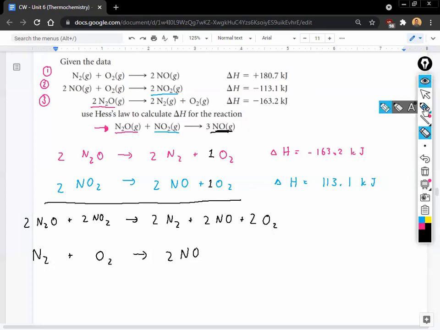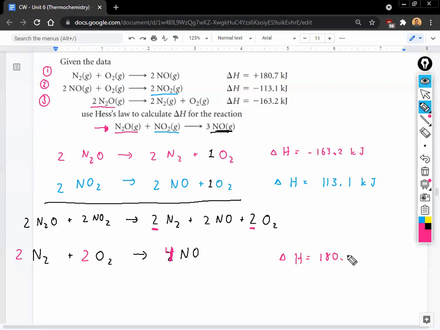Okay. But there is a problem. The problem is there's 2 N2s, right? And there's 2 O2s, but there's only 1 and 1 here. Okay, so what we can do is we can multiply this entire equation by 2. We can double the reaction. So if I put a 2 in front of this, a 2 in front of this, and change this into a 4, and then obviously you're going to have to double the enthalpy as well.